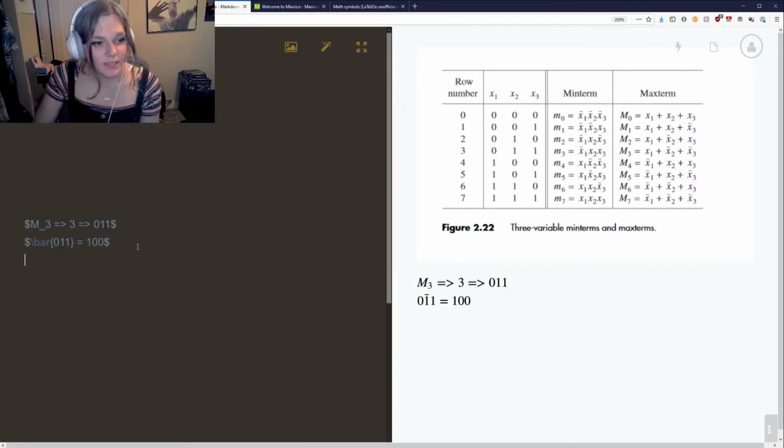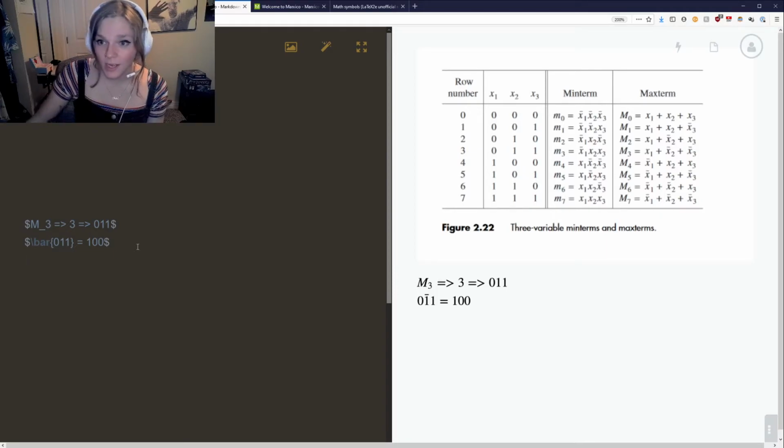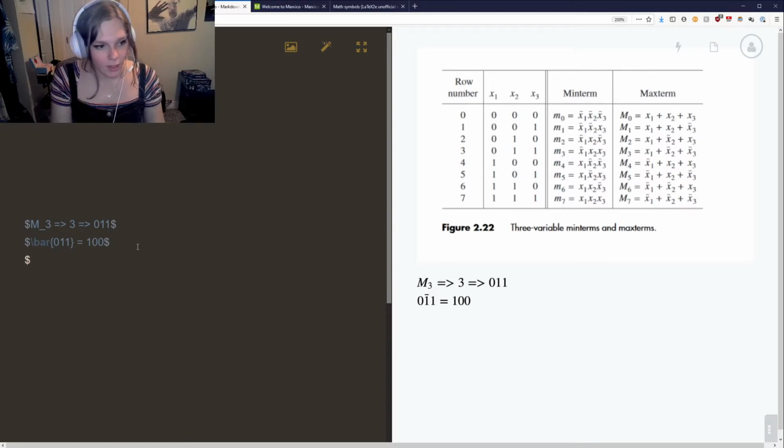Now that will tell us how to evaluate each expression. We know a max term is always going to be sums, so plus signs, of these values. We read that number left to right. The first one is a 1, so that means we have x1 true.